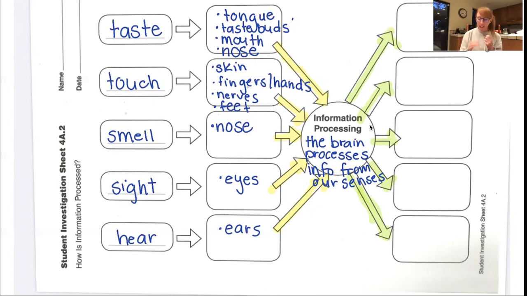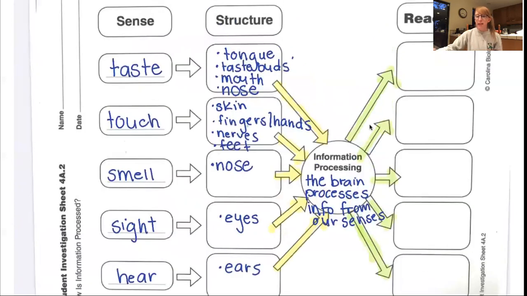And finally hearing: we can hear car horns or birds or people talking, but if something's too loud, our hands go to our ears to help protect ourselves. That's an instinct, not even something we learn. Our bodies know to do it without having to be trained. We cover our ears to protect our ears and our bodies.